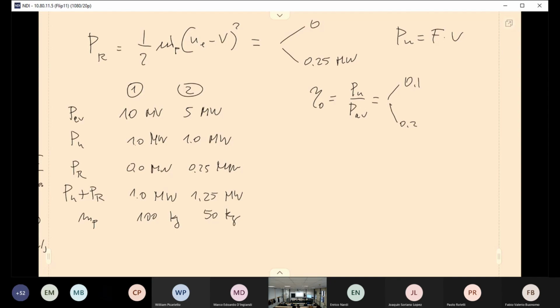So of the available power that we have here, in the first case I just used 10%, in the second case 20%, and this is because we have a higher internal efficiency that transforms. Of course, this can be computed as the ratio between these two efficiencies, and we have here in the first case 10%, and in the second case 25%. Okay.